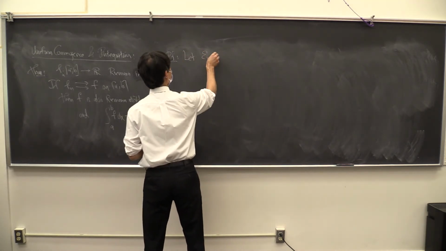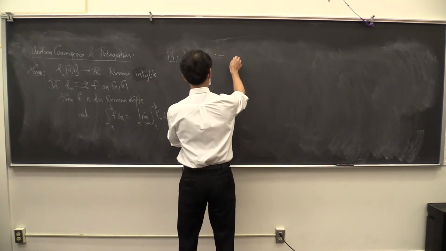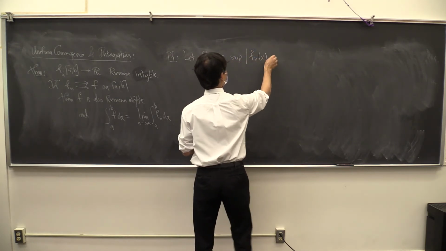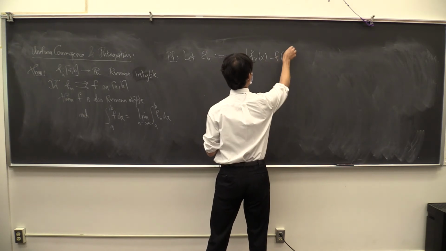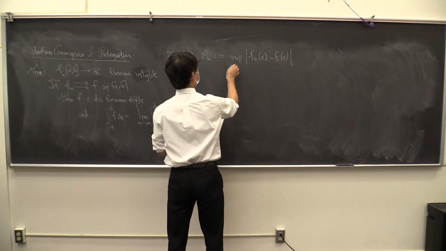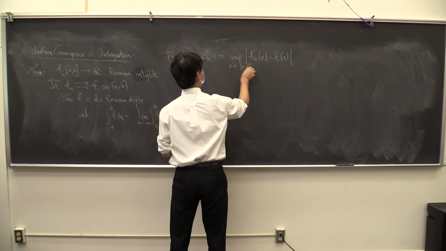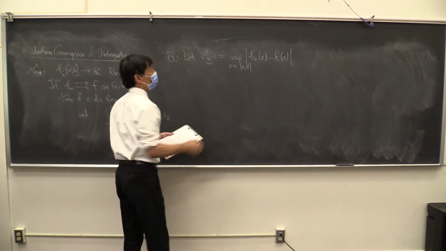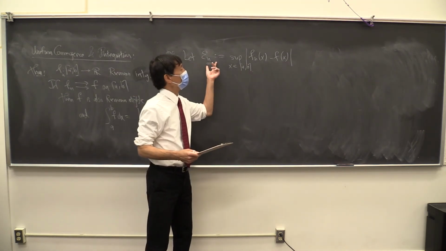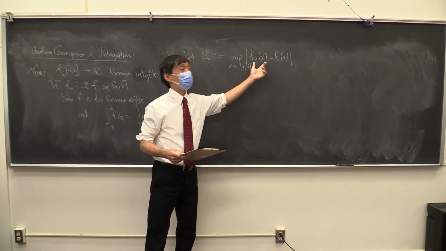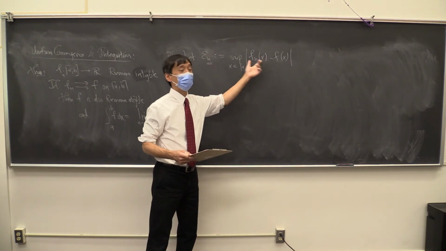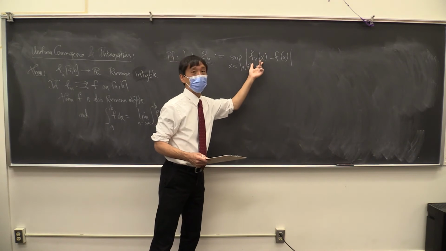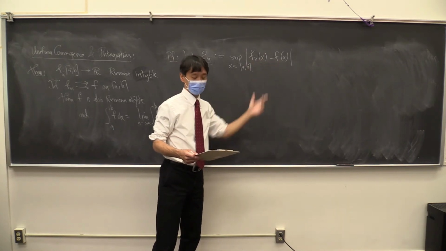let epsilon sub n denote the supremum of the difference between f sub n and f as x ranges over [a,b]. So epsilon sub n is the worst error that f sub n has, how far off f sub n could be from the limit.